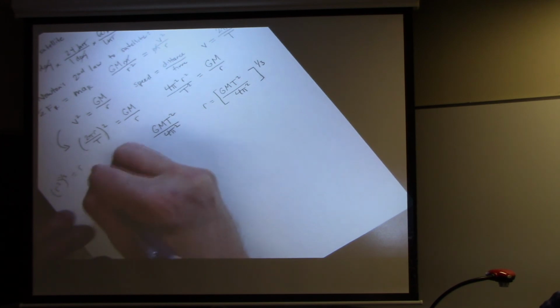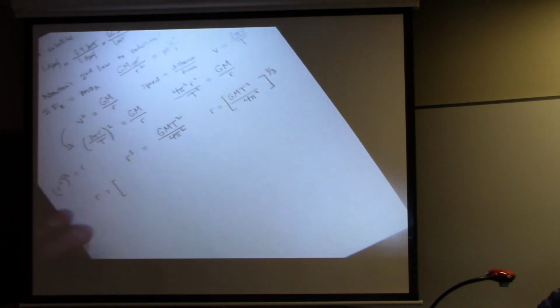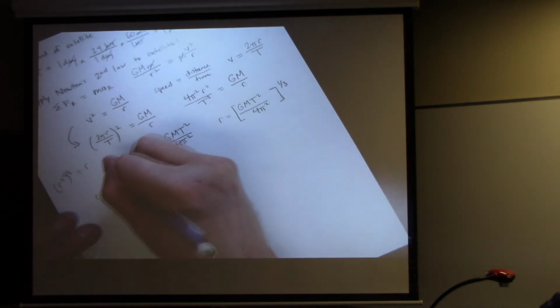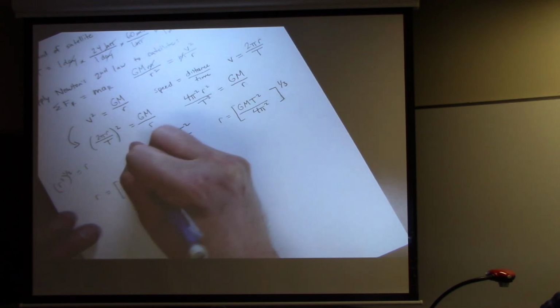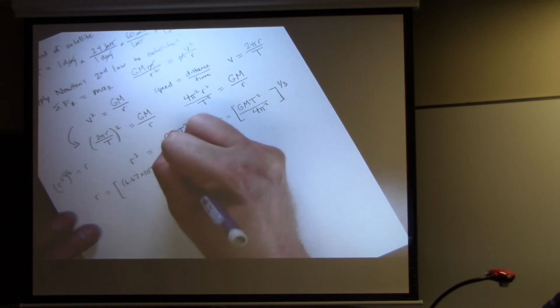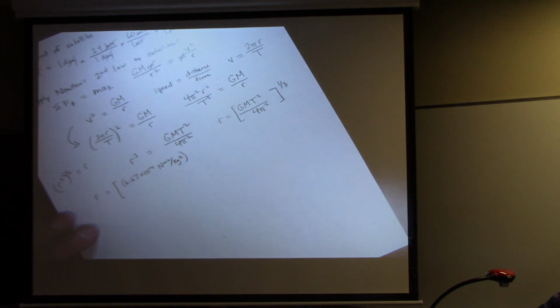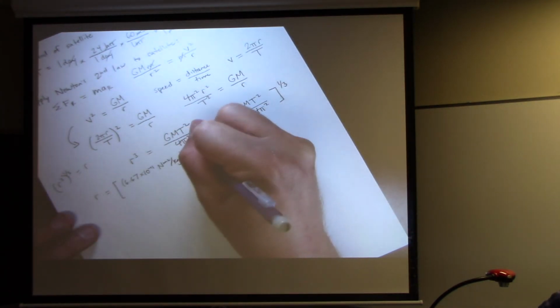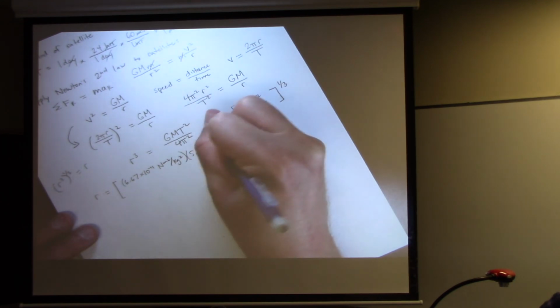And that means r is equal to, now we can plug in the numbers. G is equal to 6.67 times 10 to the minus 11 newton meters squared per kilogram squared, those are the units. The mass is 5.97 times 10 to the 24 kilograms.